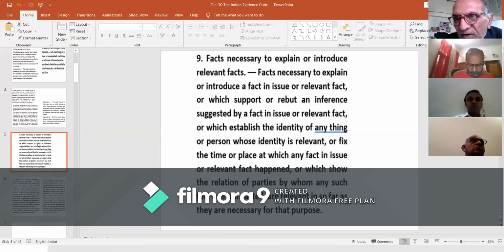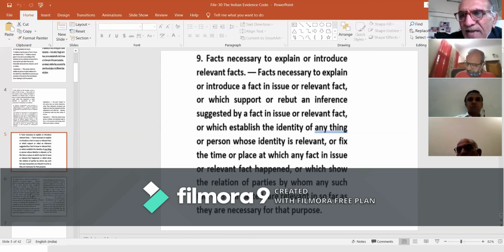It gives the rule of interpretation, and to facilitate it, the same has been legislated to give it relevancy. Once these necessary explanations and introductory situations are given the status of relevance, then naturally these are the situations of permissibility of leading evidence.